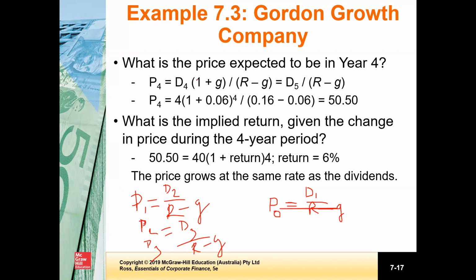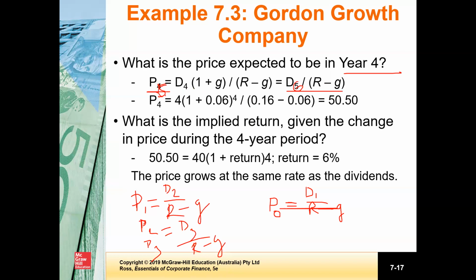So in this case, we are expected to find the price in year 4. So the price at year 4 should be the dividend of year 5 divided by R minus G. And D5, the dividend in year 5, should be the dividend in year 4 times 1 plus the growth rate. So at any period, if you want to find P5, then it should be D6.